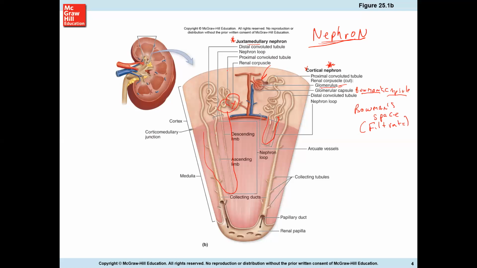So how does the blood get into the renal corpuscle? Now we're going to see the blood supply, like right here. This artery on the top of the pyramid is called the arcuate artery. Then above into the cortex, that branches further into what's called the cortical radiate.